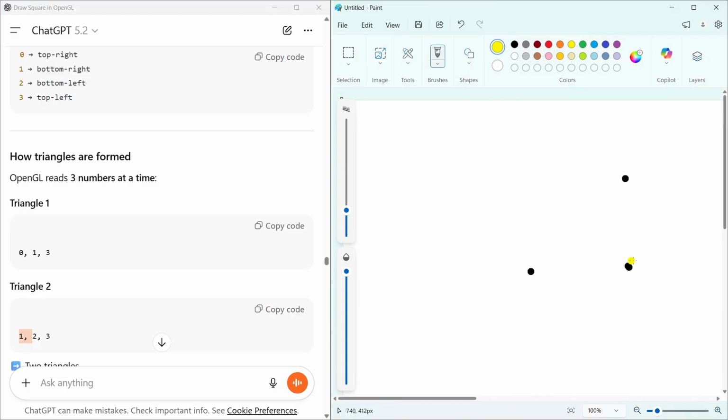So the first point is 1, bottom right, so we are using yellow over here. Then again it is a 2. And 3 is top left. So top left will be here.